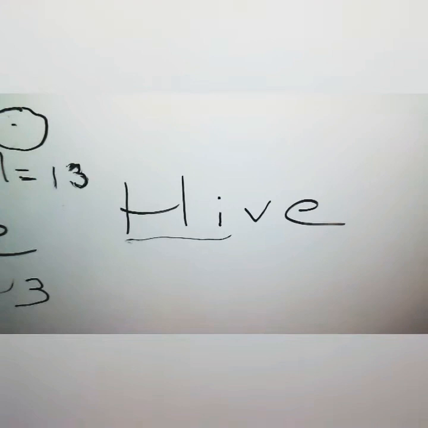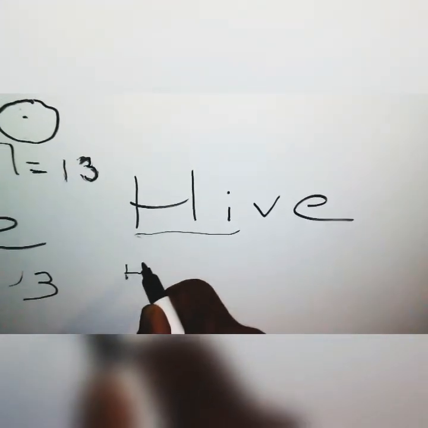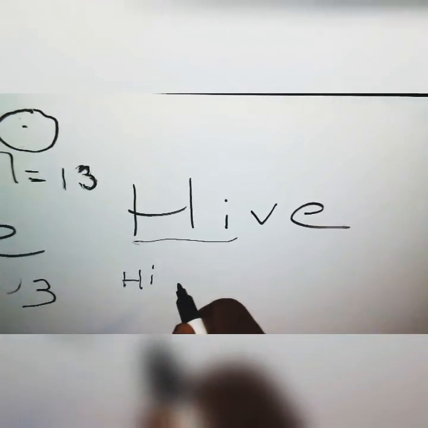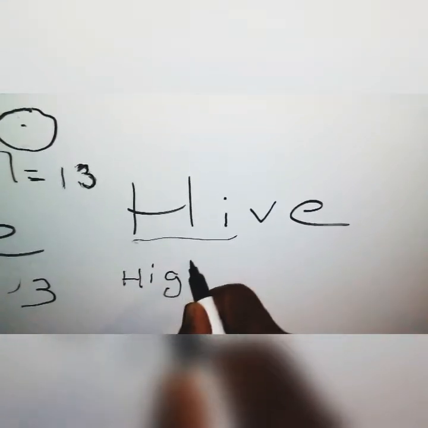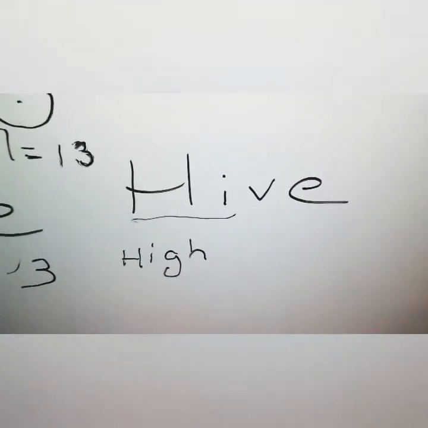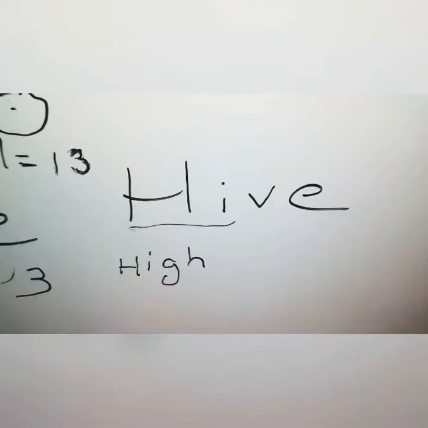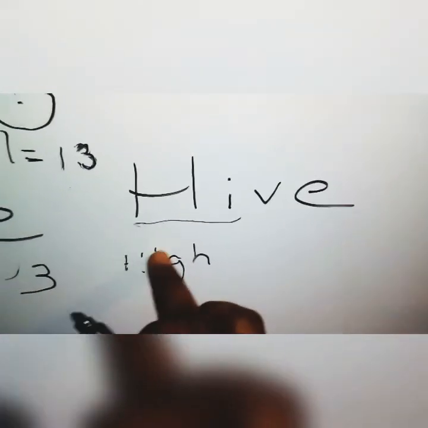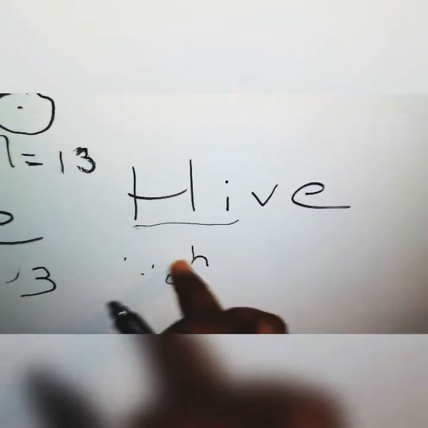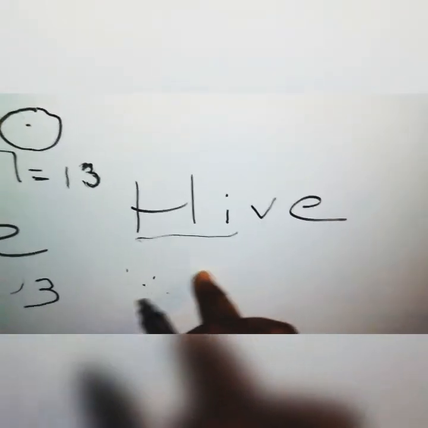Hive is saying hi. It's a twofold meaning, because you have hi, the GH is really silent. So high and high. Because the queen is that which is high up, as is her hive.